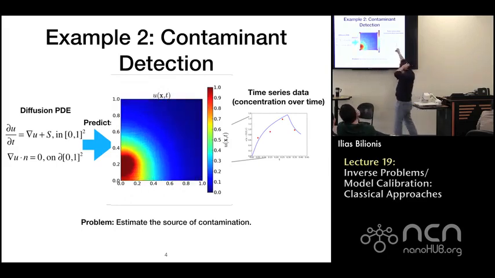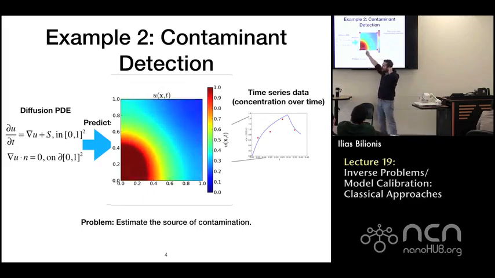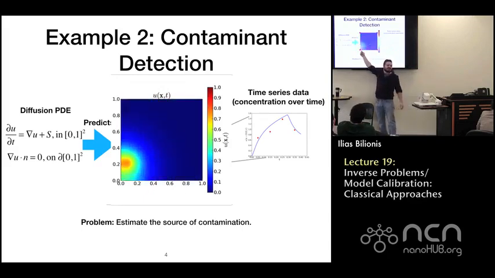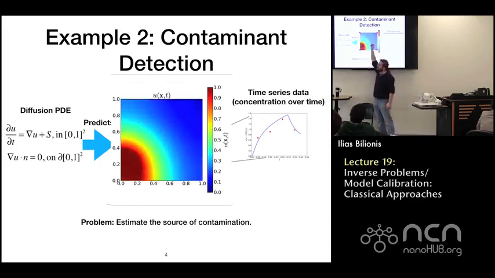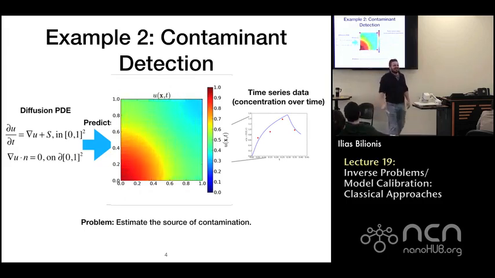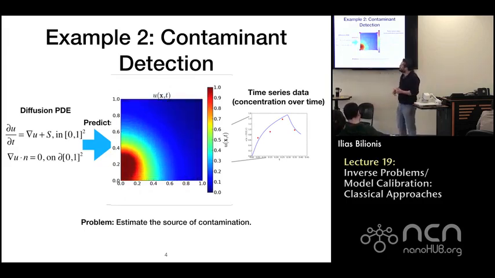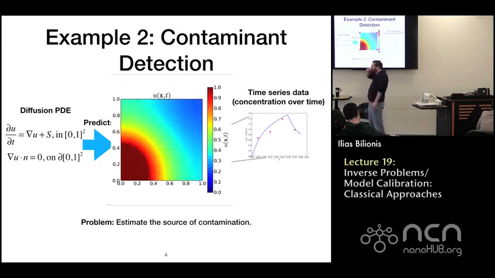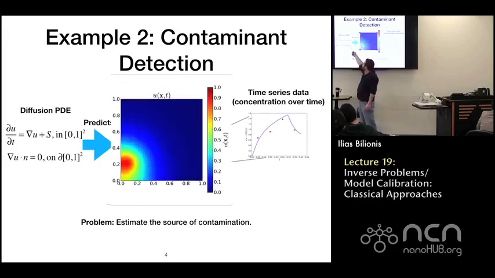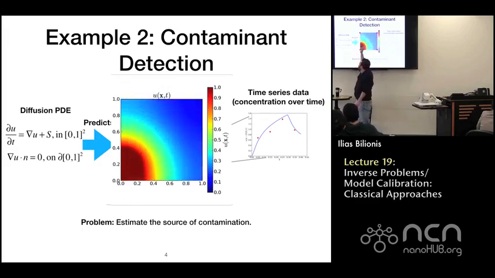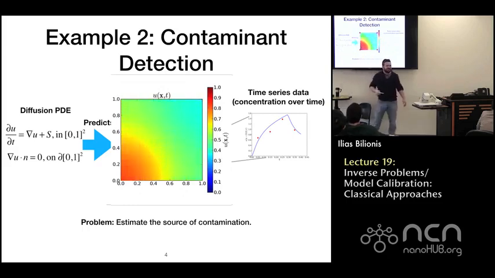Based on this time series, you want to infer who this person is. Let's say you have a lot of people in the pool. You want to figure out who that person is. That's also an inverse problem, right? So the model is basically the diffusion equation, and you're looking for the source term.